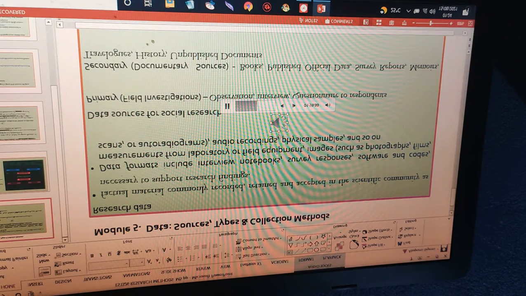Now, observation, you can observe from the field. You can interview respondents from the field. You can also use questionnaire schedules, whether self-study, by mail or whatever, which you send to respondents to be able to extract information relating to your research problem.